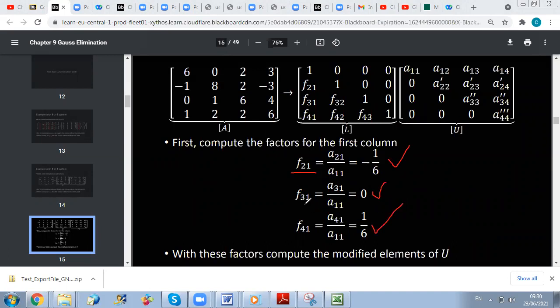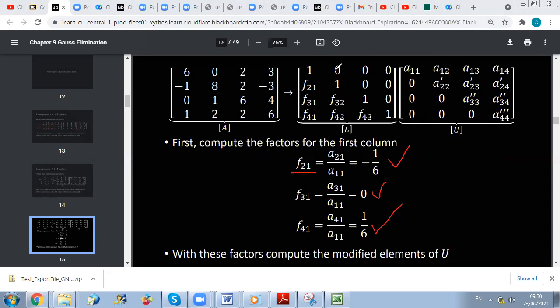So now you can start filling L. When you want to fill L, you put zeros on the upper part, ones on the diagonal, and then replace the factors F as you proceed with forward elimination.